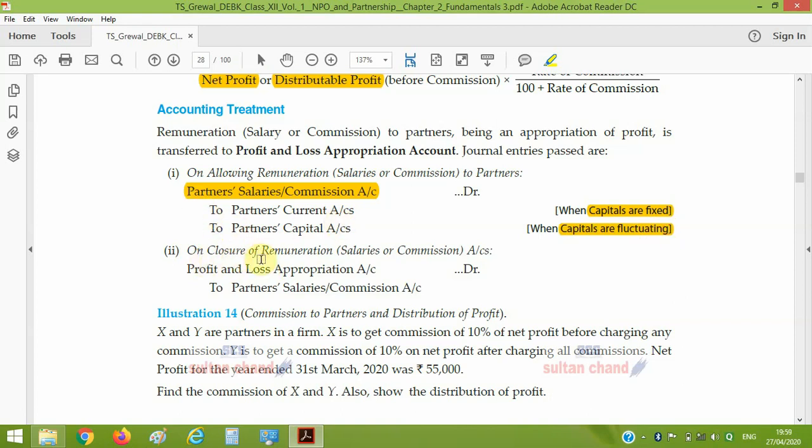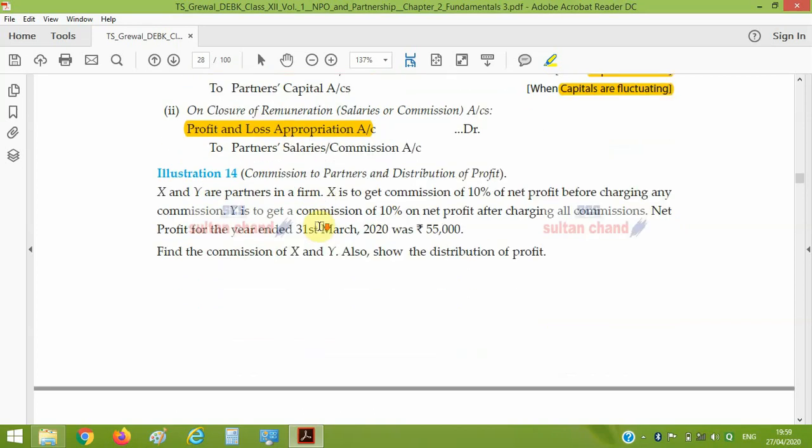And this salary and commission we will write off through the P&L appropriation account. So under the P&L appropriation account, on the debit side, to partners' salary or commission, this will be the entry regarding treatment of remuneration, that is salaries or commission to a partner.